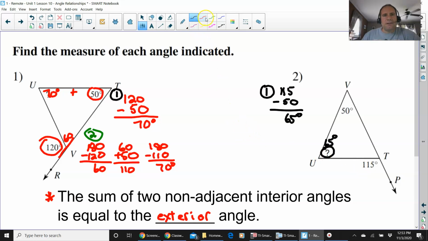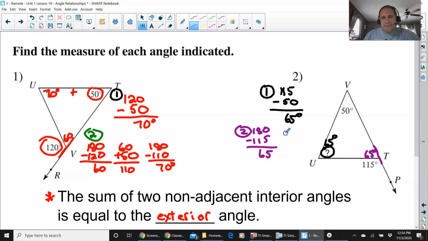In another method, if you wanted to use the other method, this right here is your straight line. So this should be 180 minus 115, and 180 minus 115 is 65. So this should be 65 degrees.